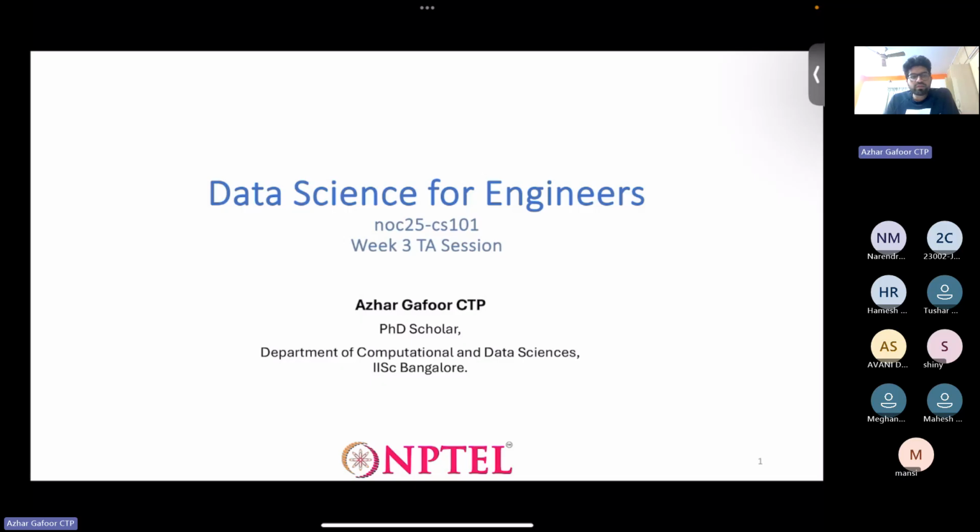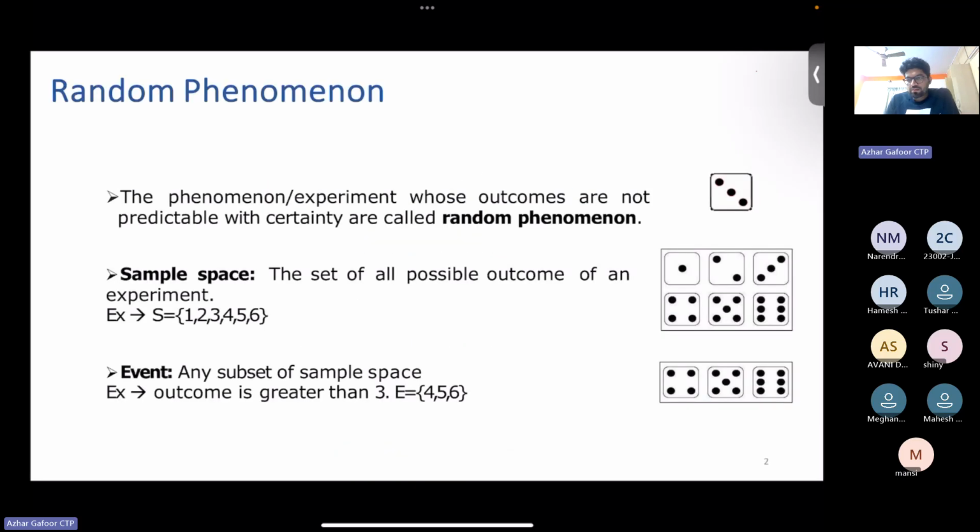So why do we need probability, first of all? Because we are discussing data collected from different sources, but we don't know with what confidence that data is correct. There can be errors associated with the data, which can be human errors, like when someone records the data, they might enter a wrong value.